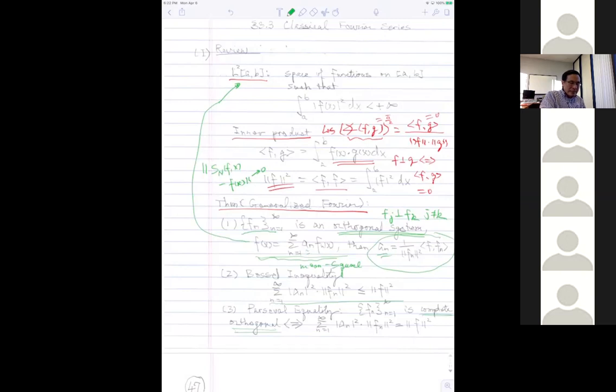That means that instead of having an inequality, we have an equality, which is Parseval's equality. These are the materials that we talked about last time. Any questions?